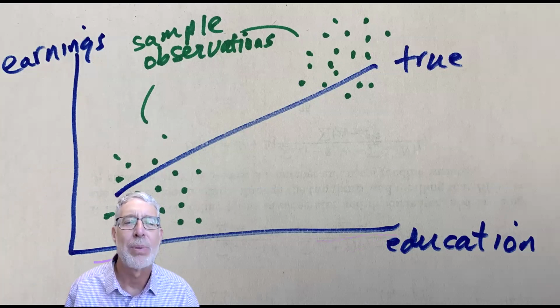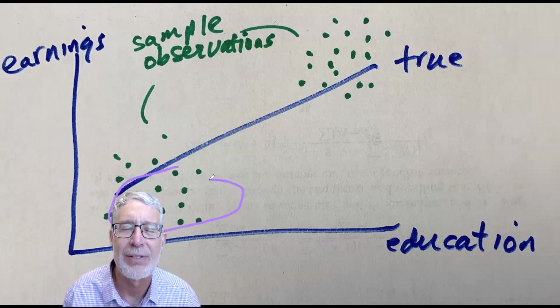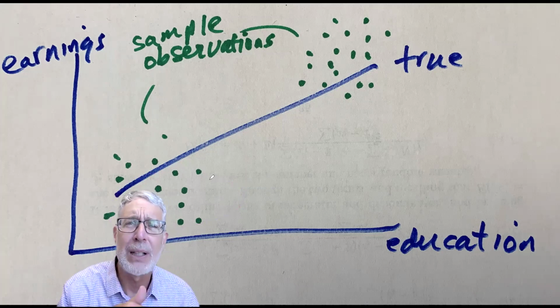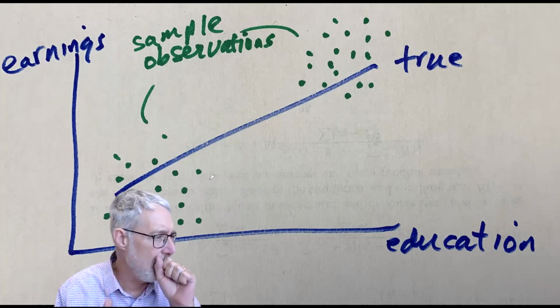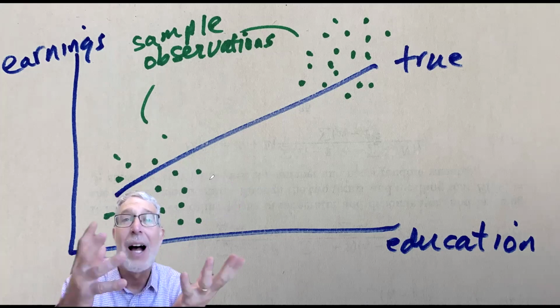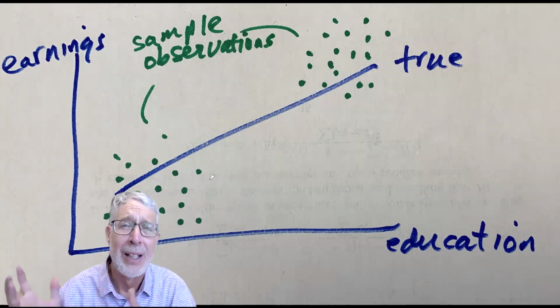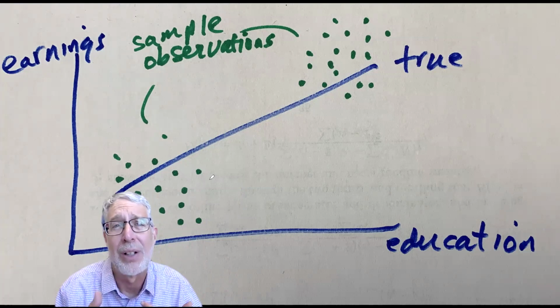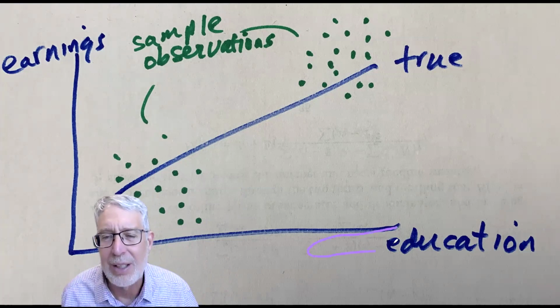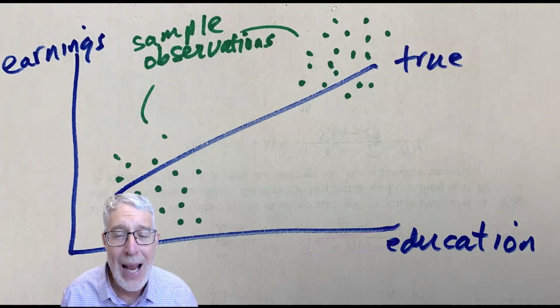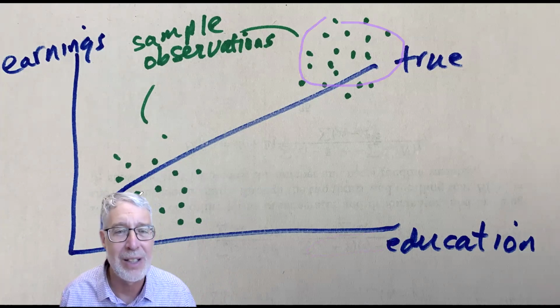For low education people, on the other hand, the errors are likely to be negative, because low education people are also disproportionately low ability people. The other factor, ability, is reducing their earnings, whereas for people with high education, ability is increasing their earnings. So we have a pattern of observations that looks like this.